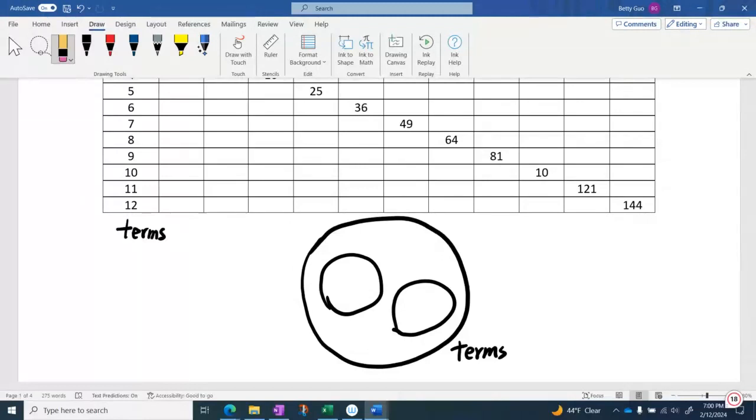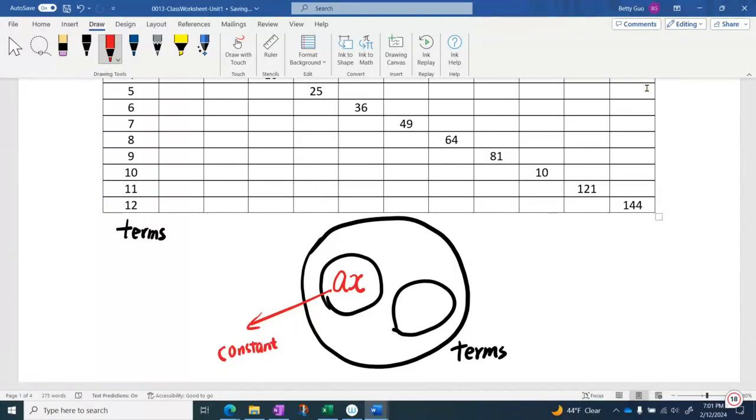The first one looks like this: a times x. A here is a constant. In other words, A here is a number.